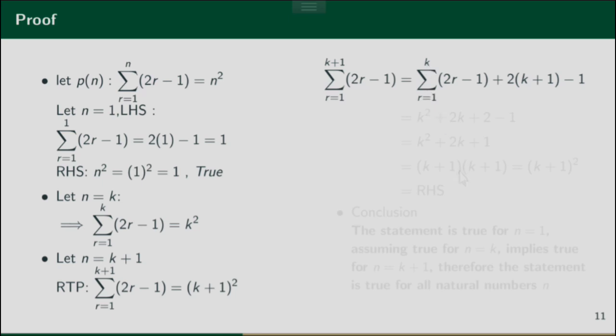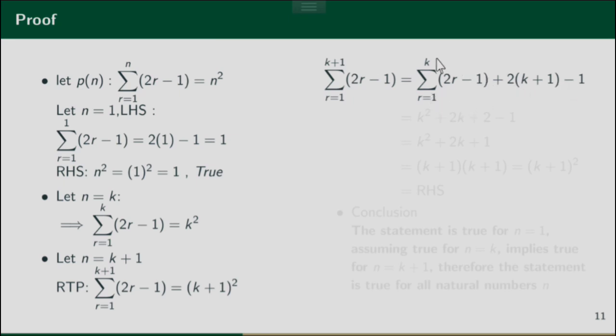Remember, k plus 1 is the direct successor of k. So I'll now sum from r equals 1 to k, and now add the successor of k, which is k plus 1. And so that is why I have the sum from r equals 1 to k, then plus the k plus 1 term, which I take, and I plug it into this expression. That is why I have 2 into k plus 1 minus 1.